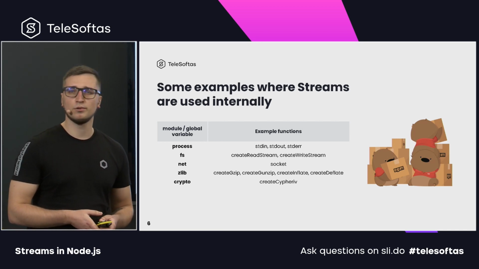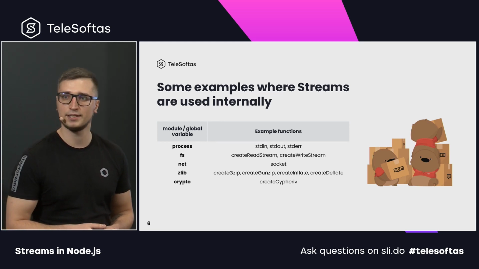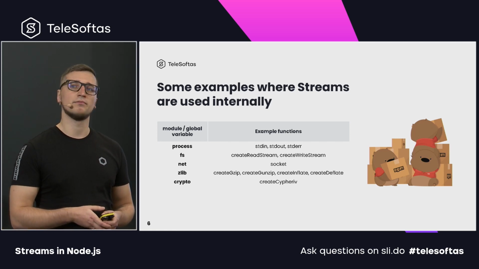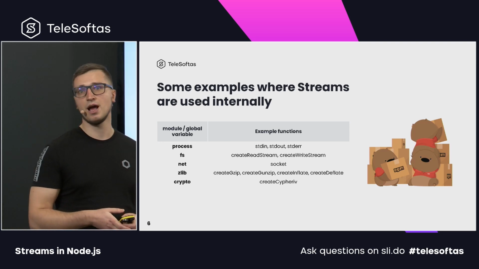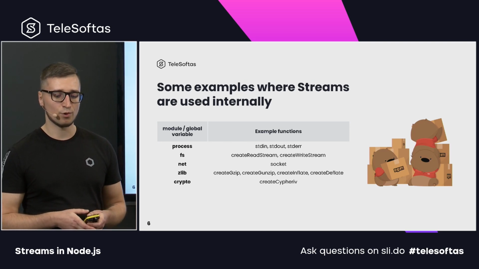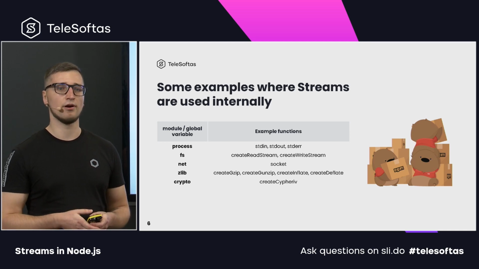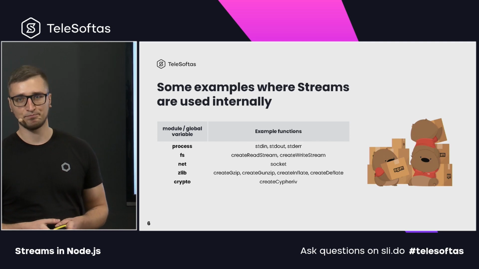We also have a module which is called file system, which was mentioned by my colleague Giedris as well. The file system module has several helper methods, such as create read stream and create write stream, which help us to write and read from our files in the file system in a streamable fashion.